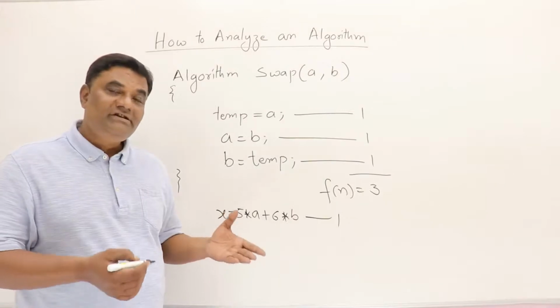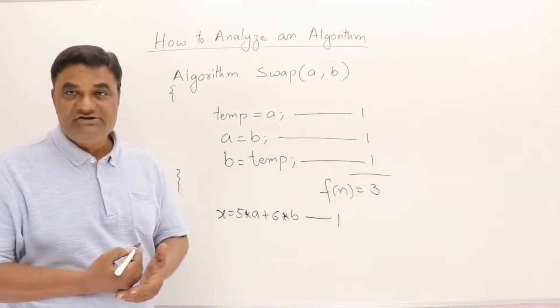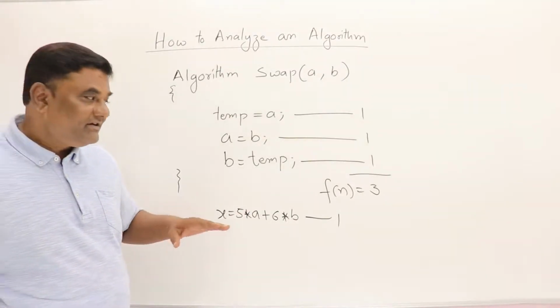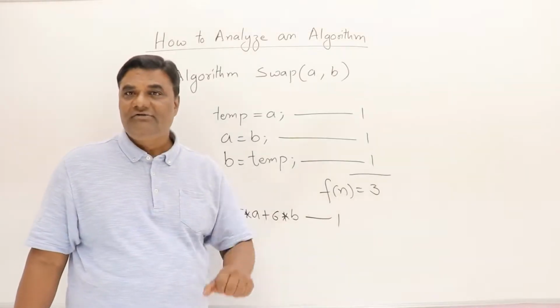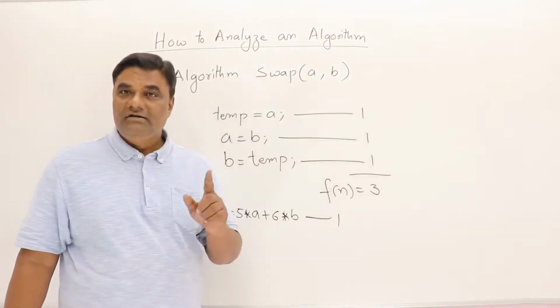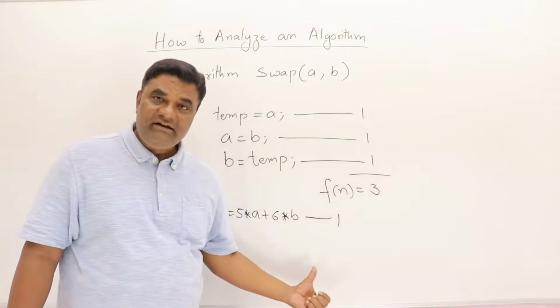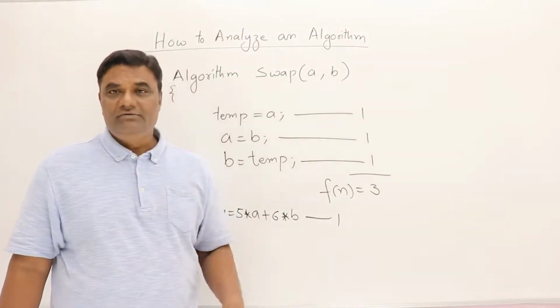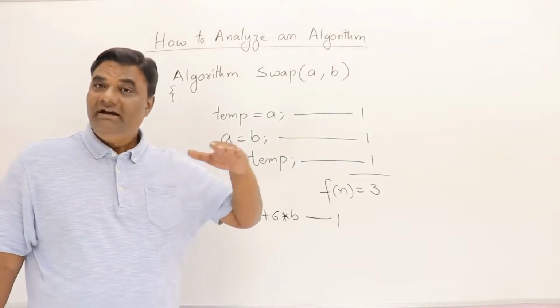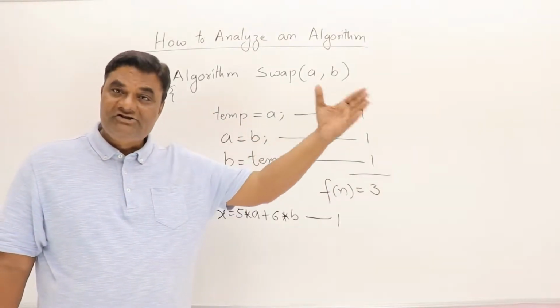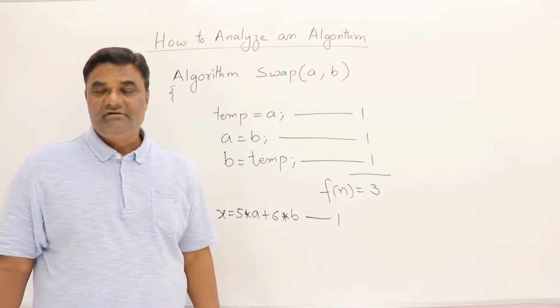We don't want to see how it's going to get converted into machine code. But simply we analyze and say each statement takes 1 unit of time. Now suppose you want to go into detailed analysis like this, you can. You can imagine up to the level of the machine code that's going to be generated.